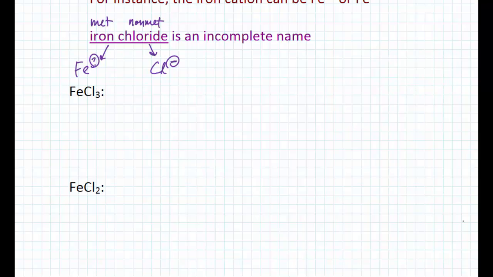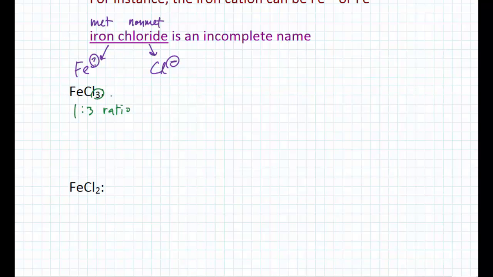Okay? FeCl3 is a known compound. It contains a 1:3 ratio of iron to chloride ions.